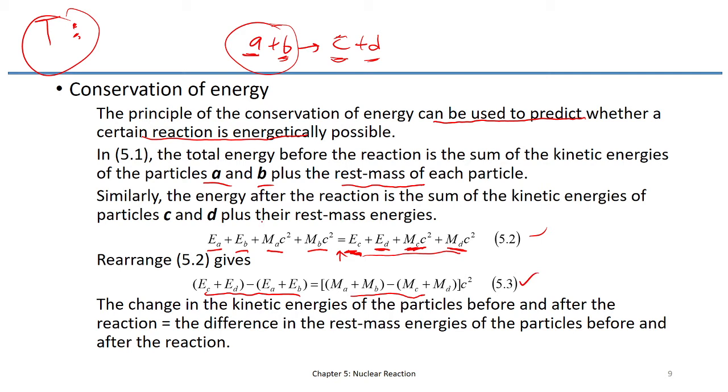So what can be concluded here is that the difference, or the change in the kinetic energy, after and before the reaction, is exactly the same as the difference in rest mass energy before the reaction and after the reaction.